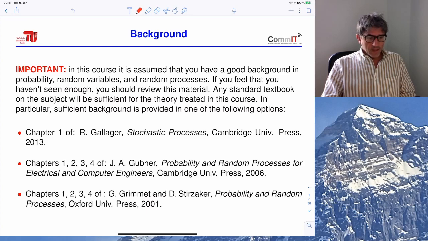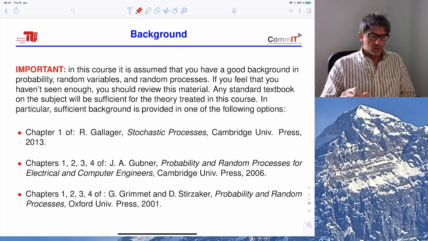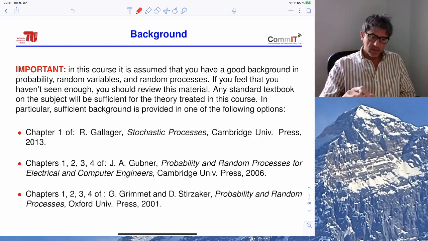Otherwise, these other two references are also good. In particular, the book of Grimmett and Stirzaker is extremely exhaustive, extremely deep, not particularly easy to read. So it depends on which level you need to review this material. Anyway, those are proposed sources.